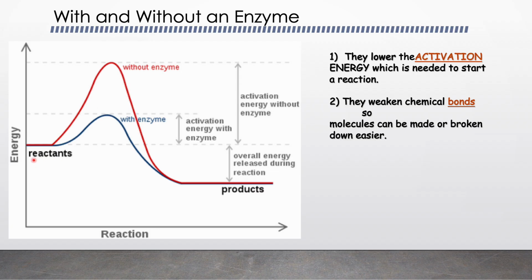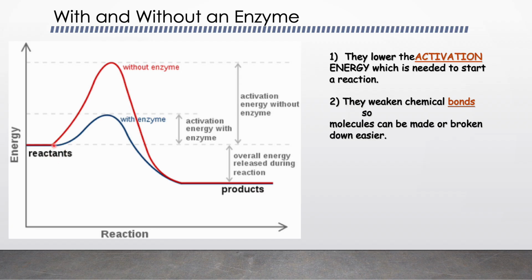My starting point and my ending point are exactly the same. That is not going to change. What changes is the amount of energy that's needed. So if I do not have an enzyme, here's my reactants.